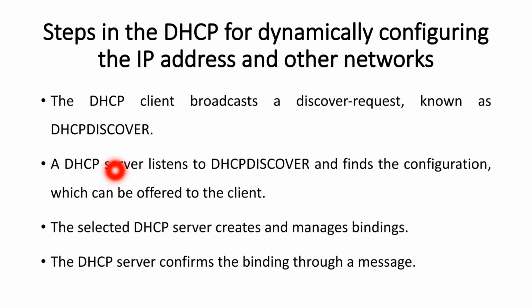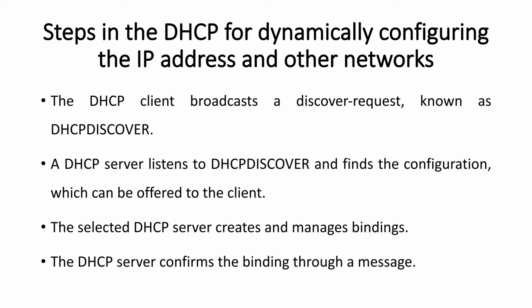The DHCP server listens to the DHCP discover and finds the configuration which can be offered to the client. So the client sends a request, called a discover request, and the server listens to that request and finds what type of configuration can be delivered to the client.